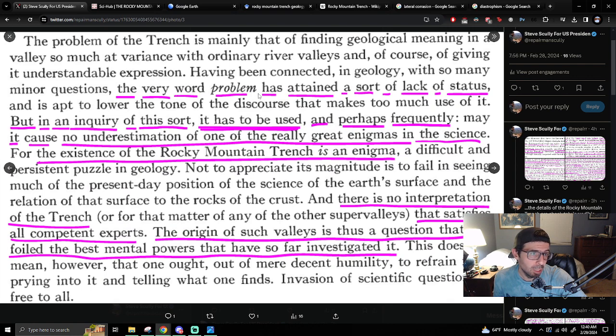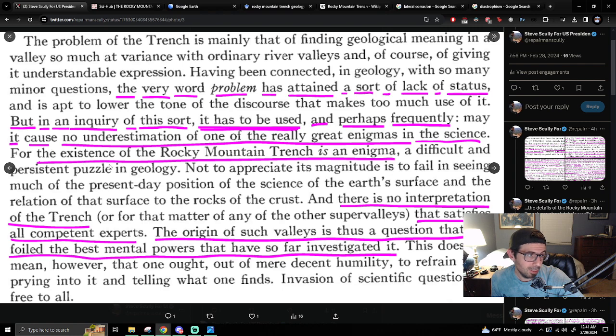The very word problem has attained a sort of lack of status. But in an inquiry of this sort, it has to be used, and perhaps frequently. May it cause no underestimation of one of the really great enigmas in the science.